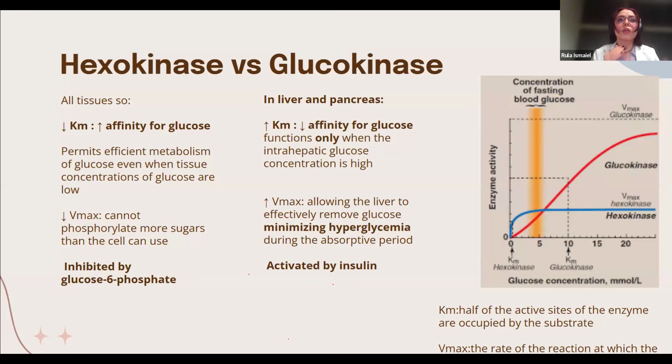Okay, that's Km. The way Km is related to affinity, it's inversely proportional to affinity, which basically means if Km is low, that means affinity is high. Okay, and if Km is high, affinity is low. Does that make sense?